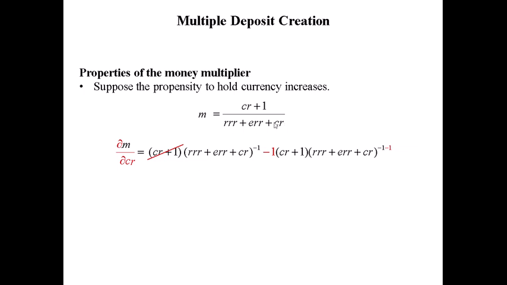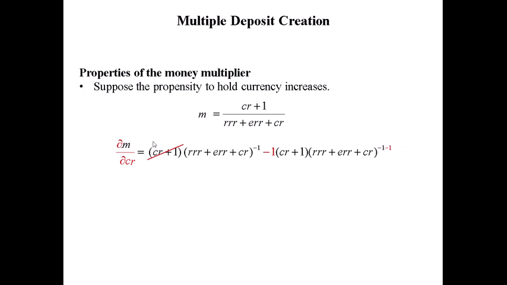Remember, if we move this to the numerator, the coefficient of this quantity down here is minus 1. So the way the chain rule works is we differentiate this part of the product first, and then we differentiate this part of the product second. When we differentiate this with respect to CR, because CR is linear, it all ends up being 1.